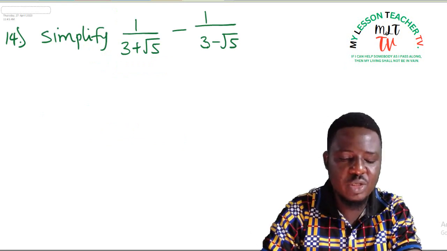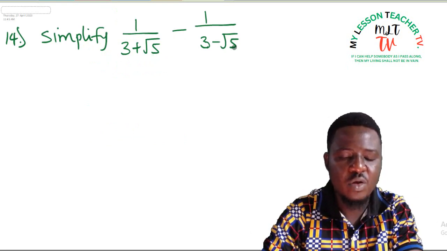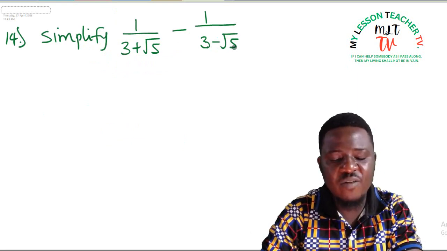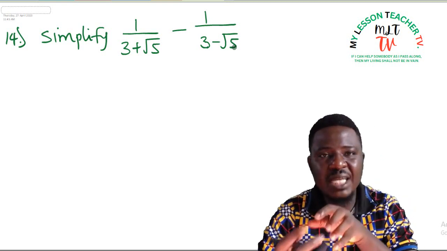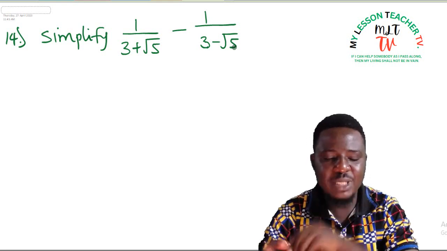Our last question says we should simplify 1 over 3 plus root 5 minus 1 over 3 minus root 5. What we are to do in this case is to first of all find the LCM of both denominators. Subtract as if you are working with fractions and you see it being simplified.